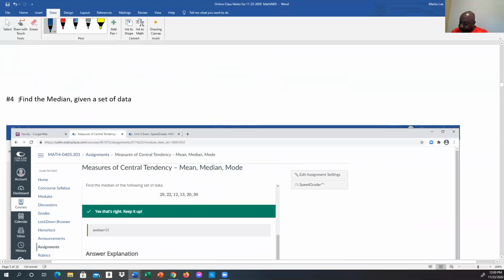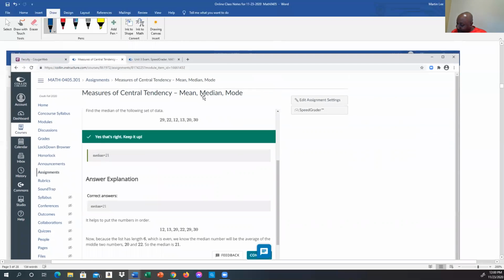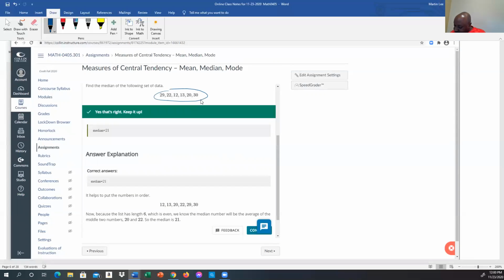Okay, next up is find the median or the middle point if you're given a set of data. So here we have a set of data: 29, 22, 12, 13, 20, and 30. The first thing we want to do is put these numbers in order.